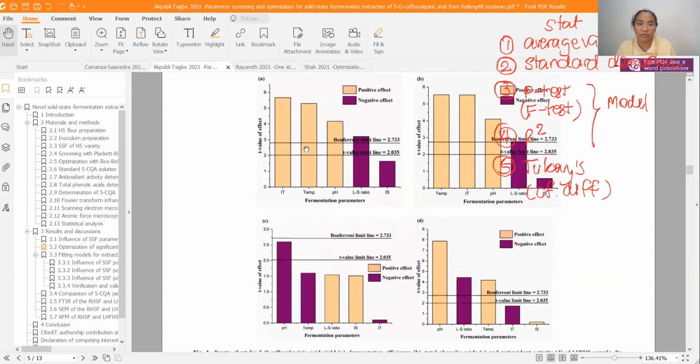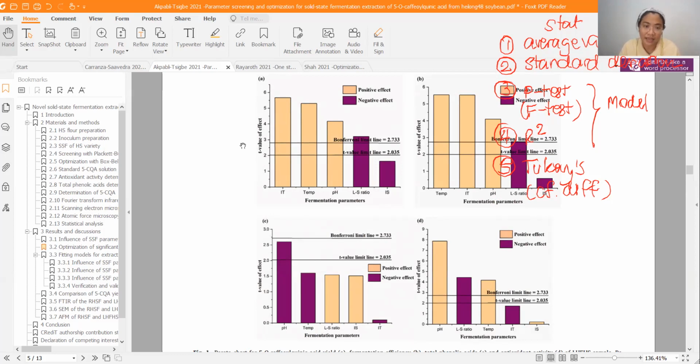So you normally see which factor is significant or important for you to further investigate. And you see that the factor can have a positive effect or a negative effect, depending on the sign that you get. But the important point that I want you to see here is the t values. You see that it's a t value of effect, so they calculate the effect of each parameter.